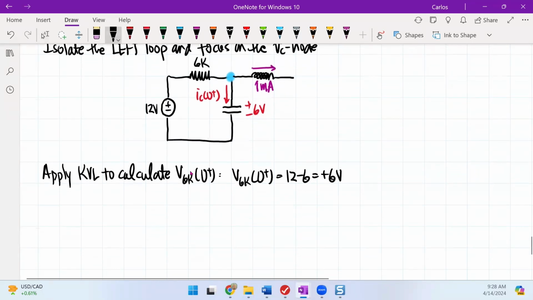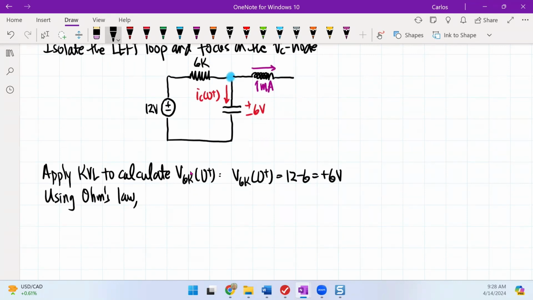So using Ohm's law, the current I6K at 0 plus must be the voltage of this guy at 0 plus divided by 6K, which gives me 1 milliamp.